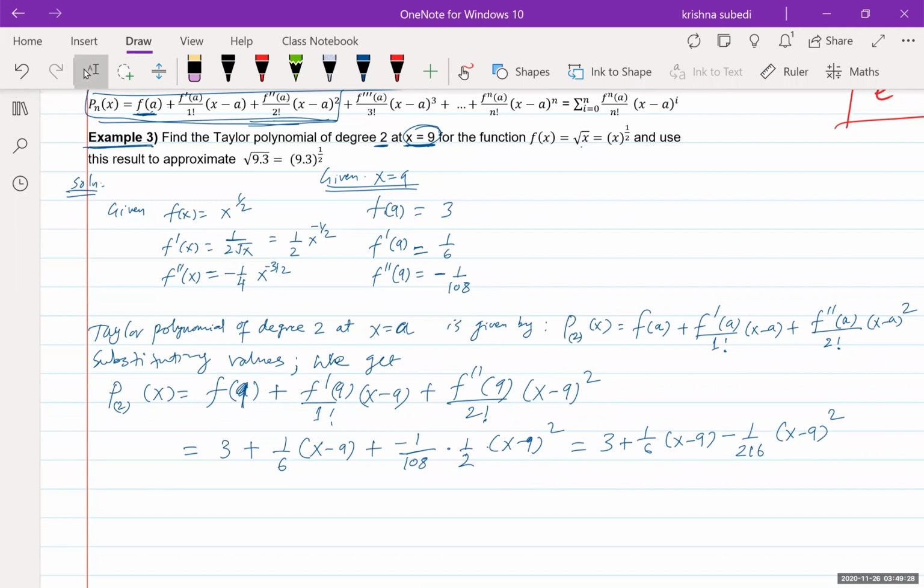Any question so far? Okay, let me write this nicely. Our polynomial of degree 2 is equal to, I just want to bring it all the way here.